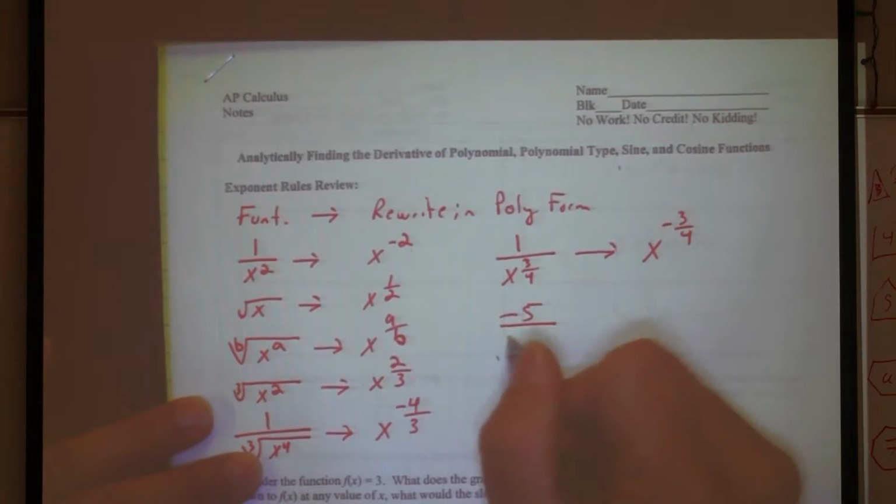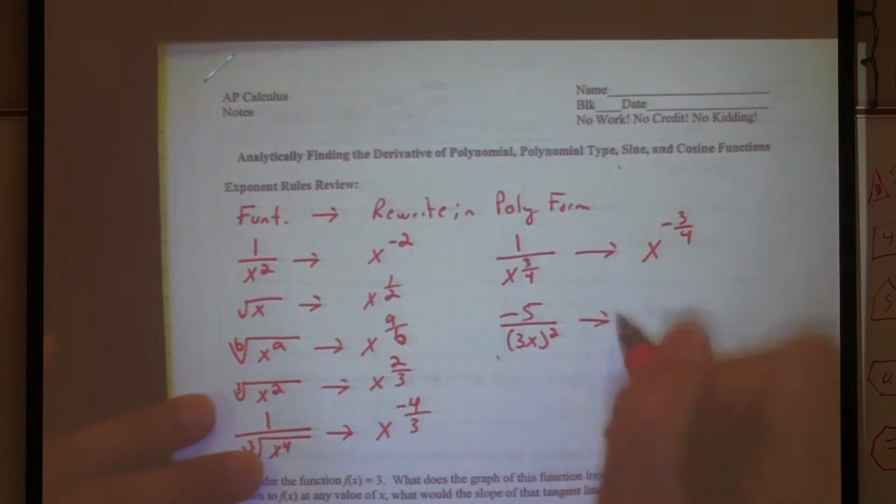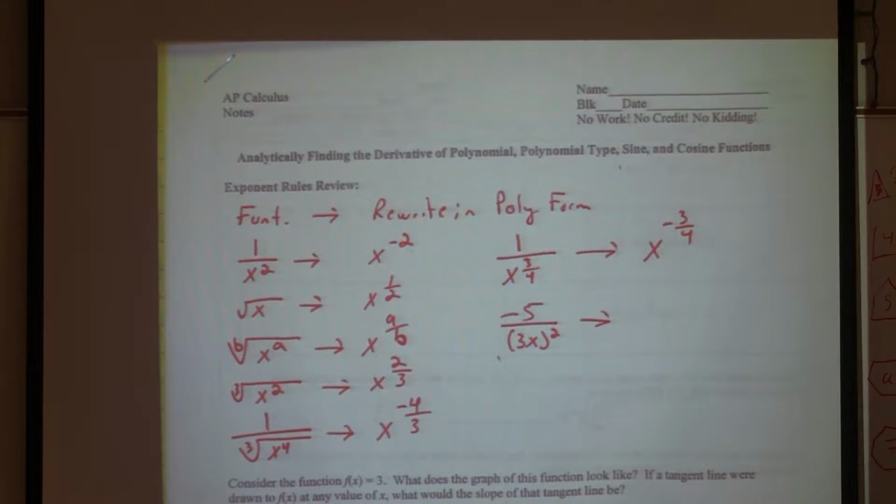So negative 5 over 3x squared. What would that become? X to the second times negative 5. 3x to the second? To the negative second. To the negative second? And then you multiply.